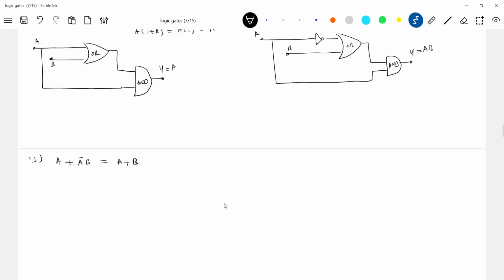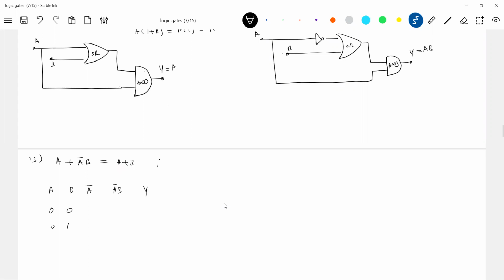Okay, I'll do one thing, for my help. This is A B, no? Shall we go for A complement? Then A complement B. Then I'll go for the output Y. I'll say it is equal to A plus B only. How is it possible? Let's check it.